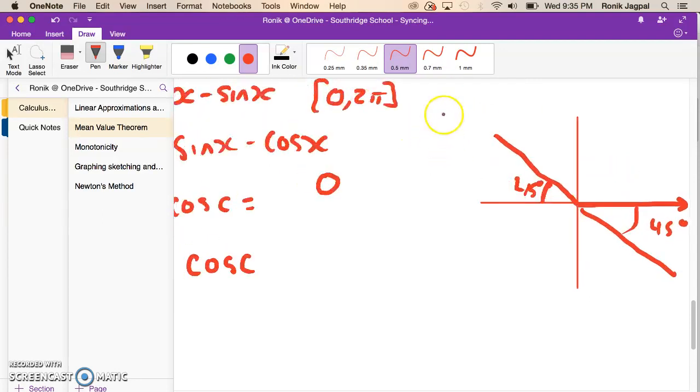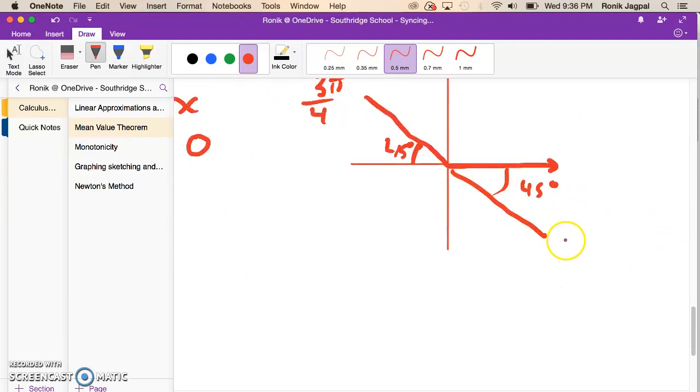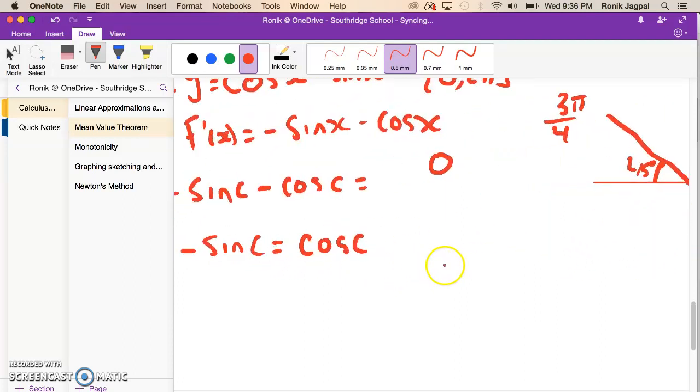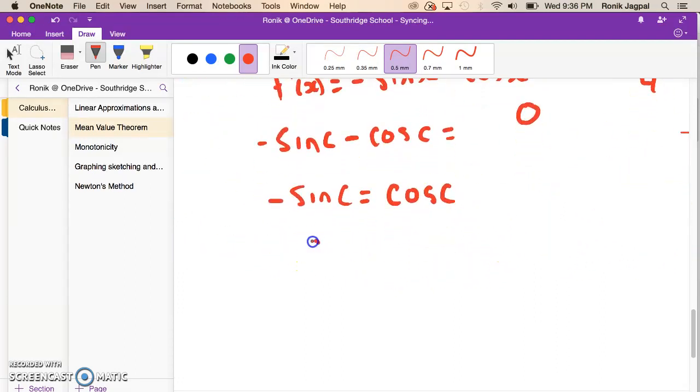It's going to be 3 pi over 4, and it's going to be 7 pi over 4. So our answer, c, is going to be equal to either 3 pi over 4, or 7 pi over 4.